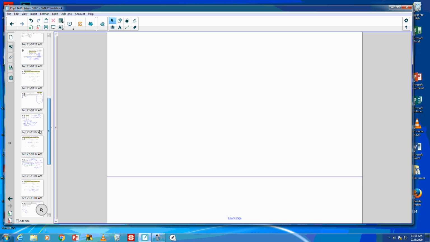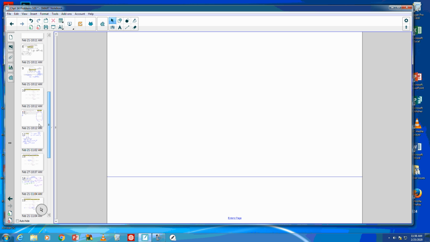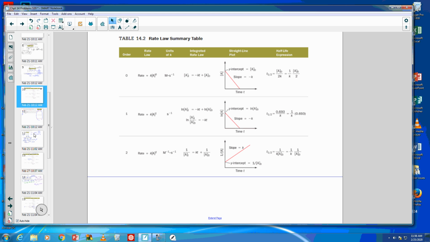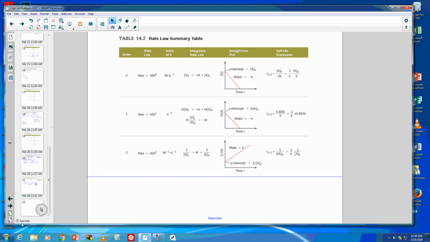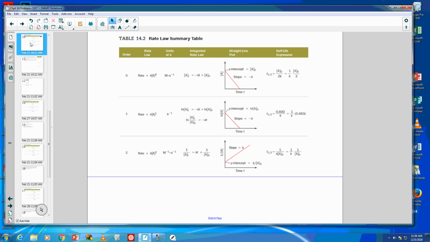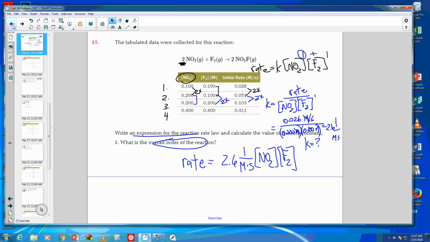Clear it out. That's the one that we just did.